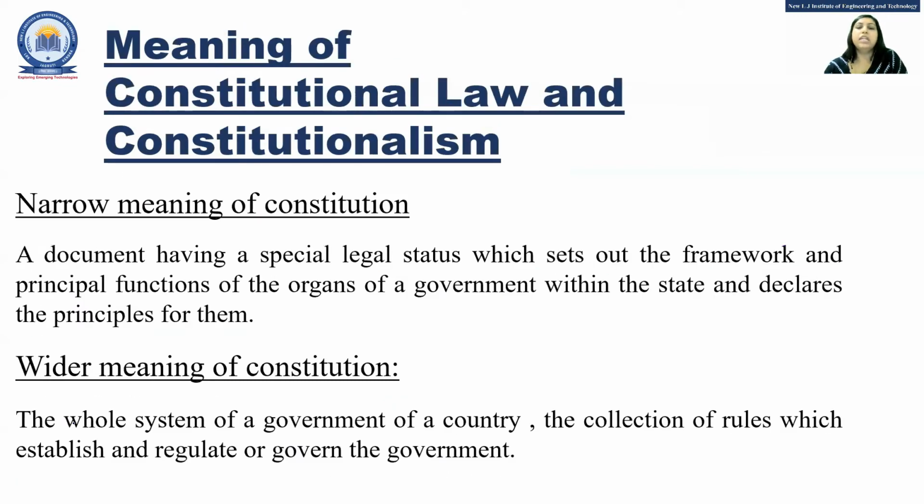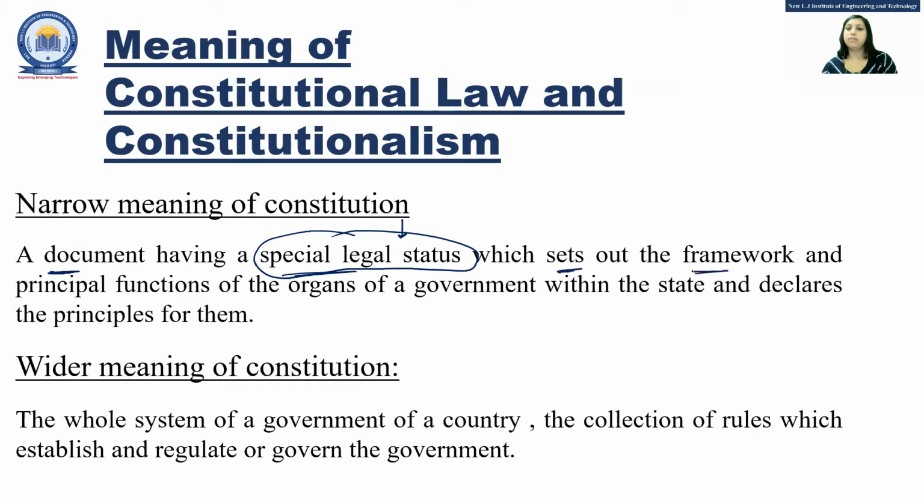Next is the meaning of the constitution. We can view it in depth, or we can go through an abstract view. So two meanings are defined here. One is the narrow meaning of the constitution, and the second is the wider meaning of the constitution. The first, the narrow meaning, is a document which has a special legal status, which is a very important terminology here. Whatever it is, it is legally formed.